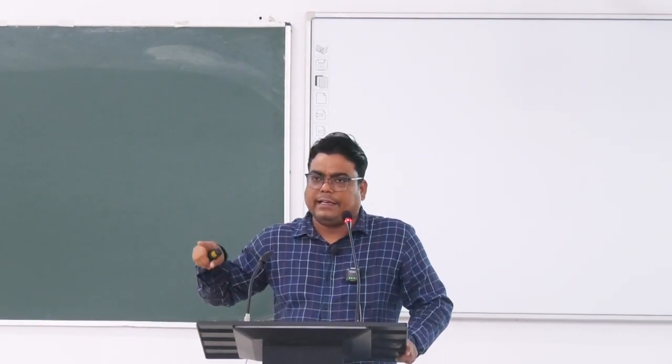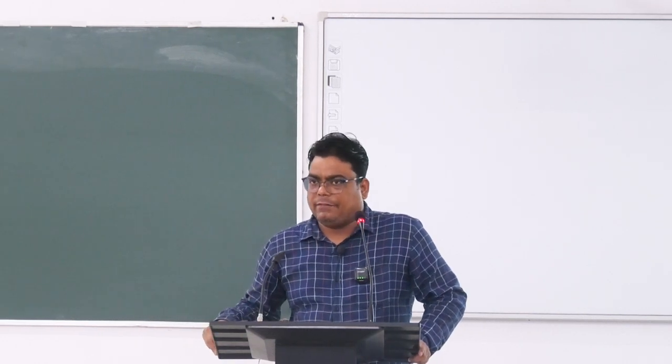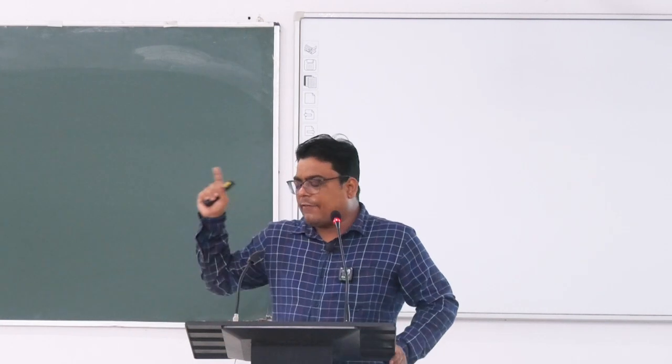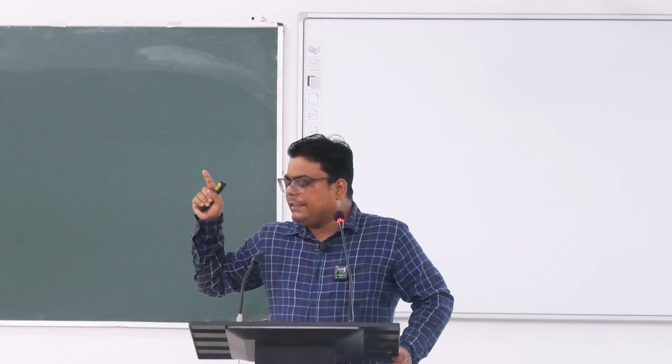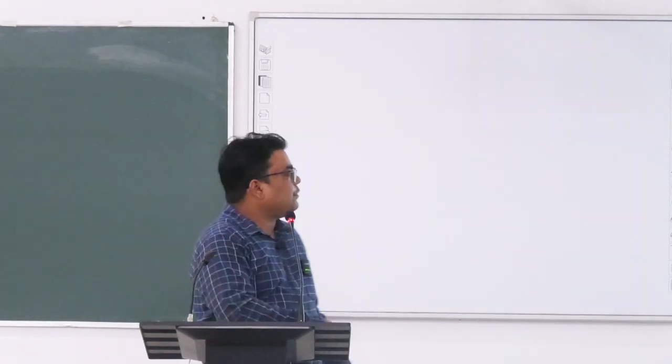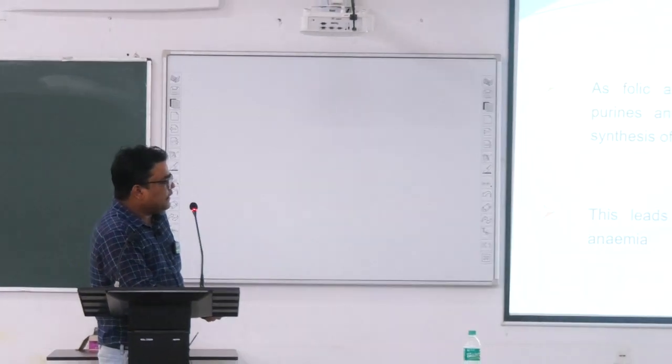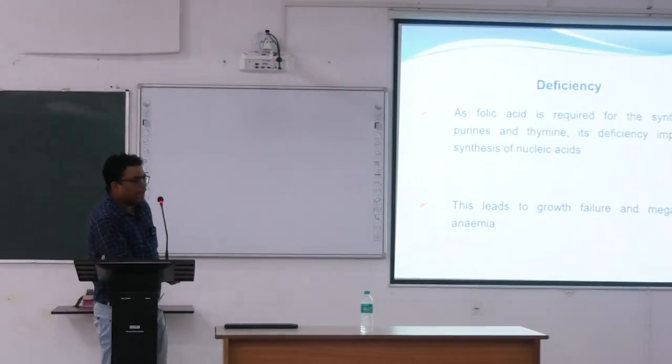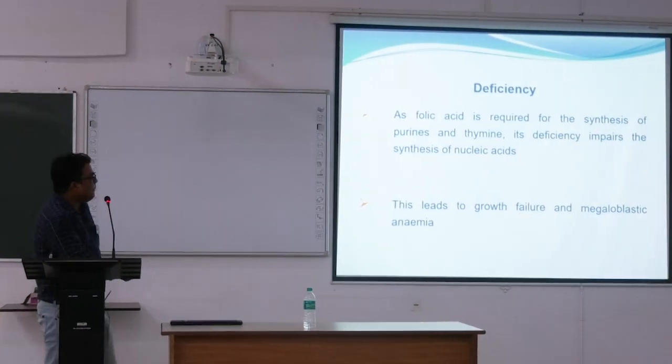Either they increase or decrease by the vitamin D function. Similarly, if there is a deficiency of vitamin B9, it impairs the synthesis of nucleic acid, and due to this there is megaloblastic anemia.